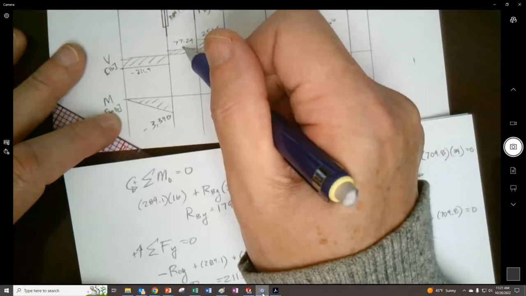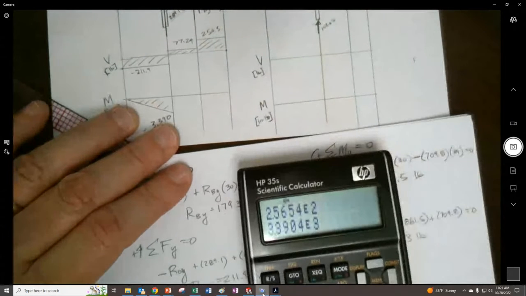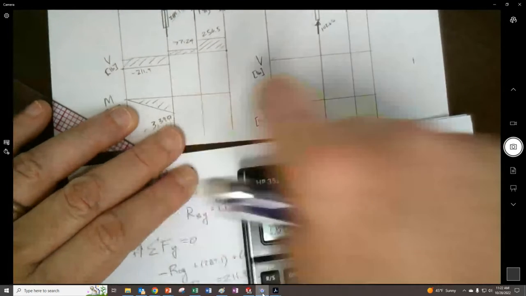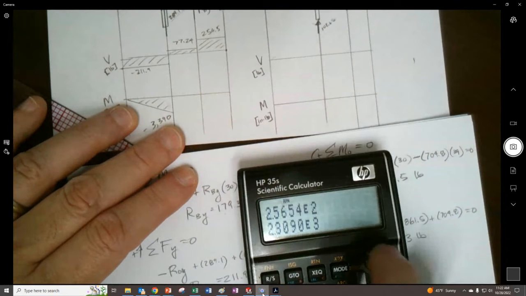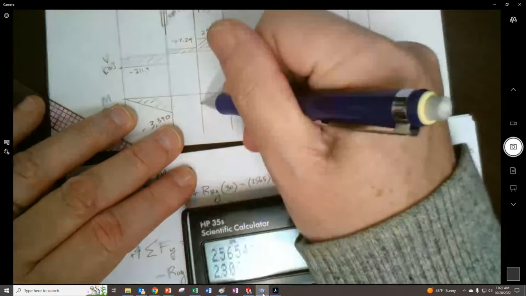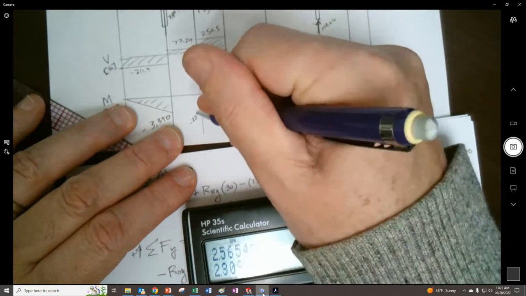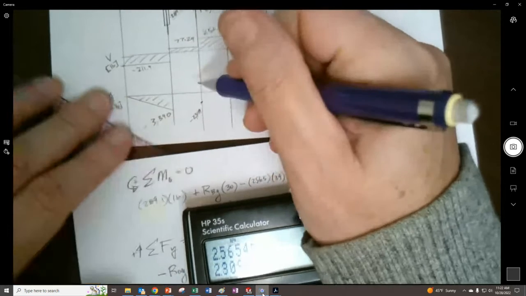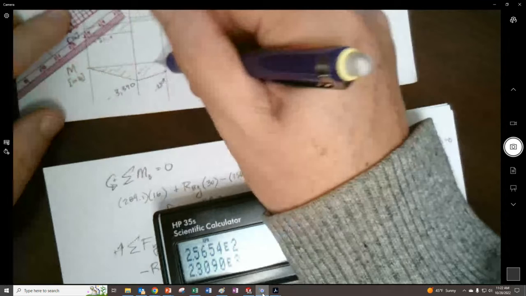We're going to go 77.24 times 14. But this one is negative, so the other is subtracted from it. So we're going to get, still negative, 2,309. So we're going to come down to right there.